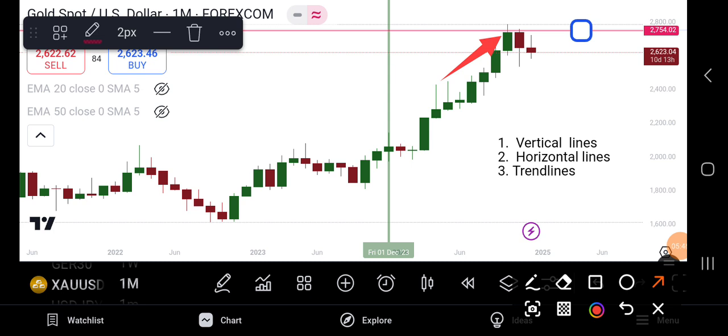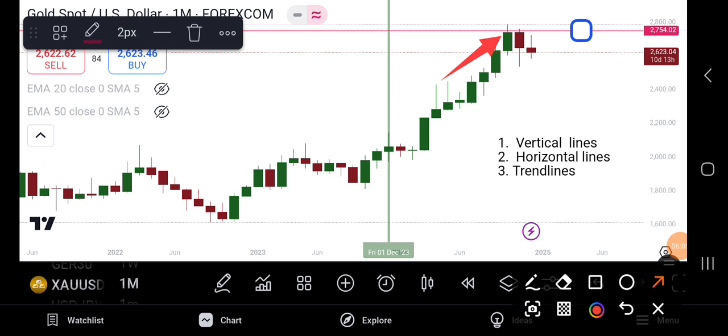So when you are putting your horizontal line it must touch the wick. It must include the wick of the bull and the bear candle. So all the wicks must be included, right?